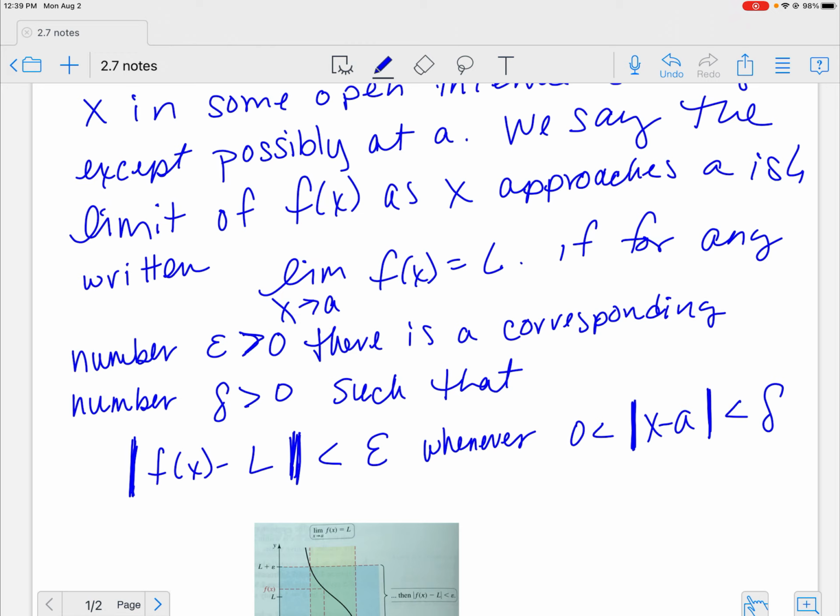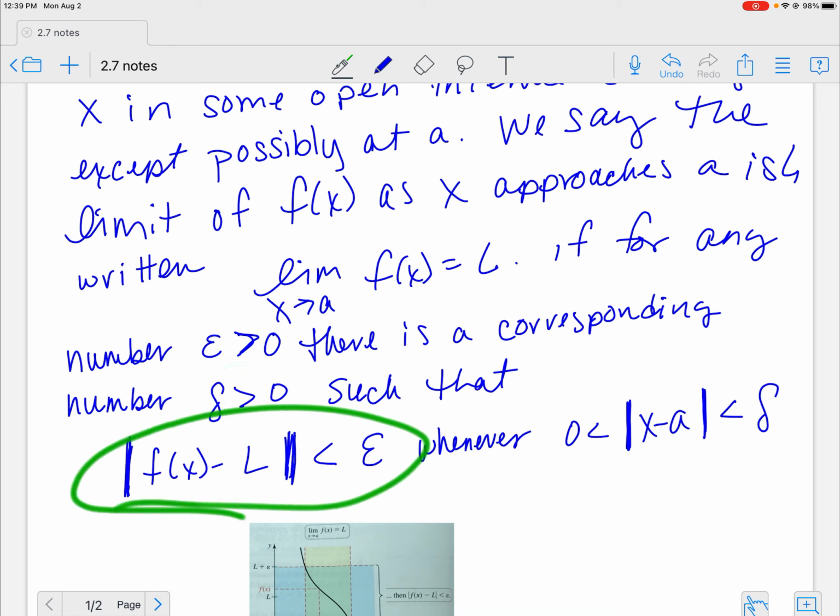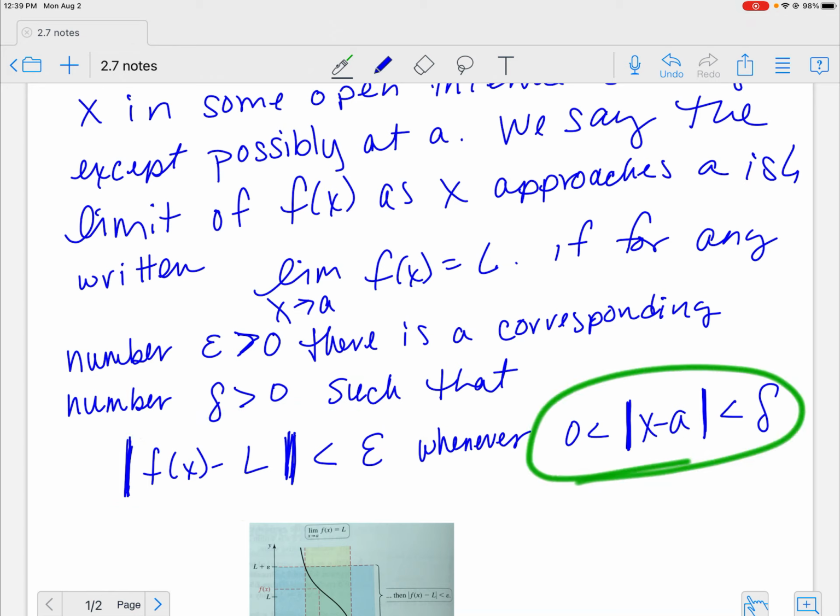All right, that's the epsilon delta definition of a limit. So what we're saying here is that for some epsilon greater than 0, there's a corresponding delta, which is greater than 0, which just means positive, such that the absolute value of f of x minus L is less than epsilon where the absolute value of x minus a is less than delta.